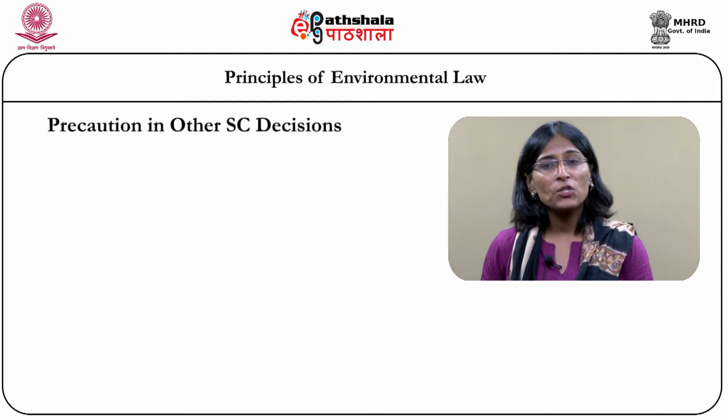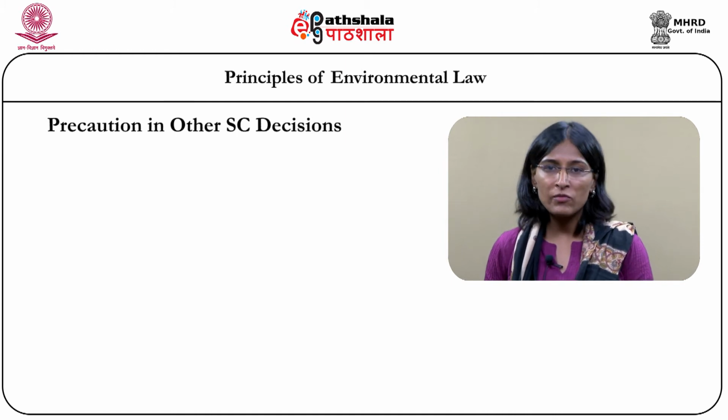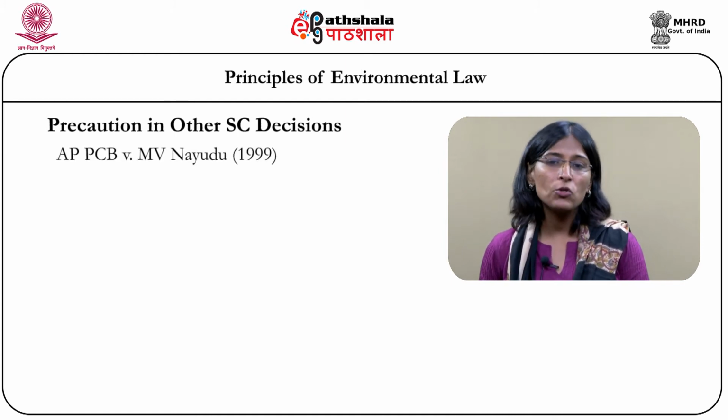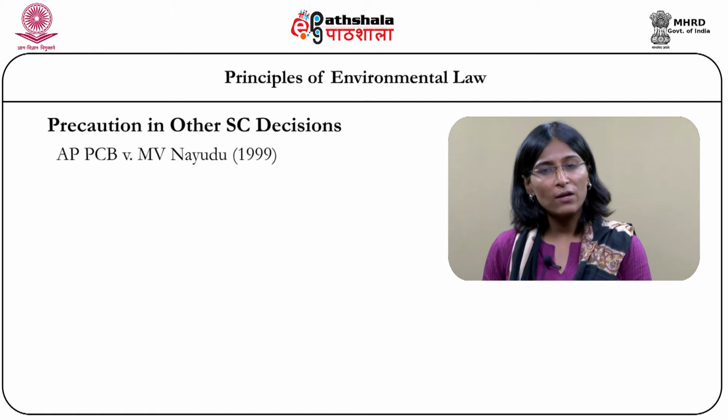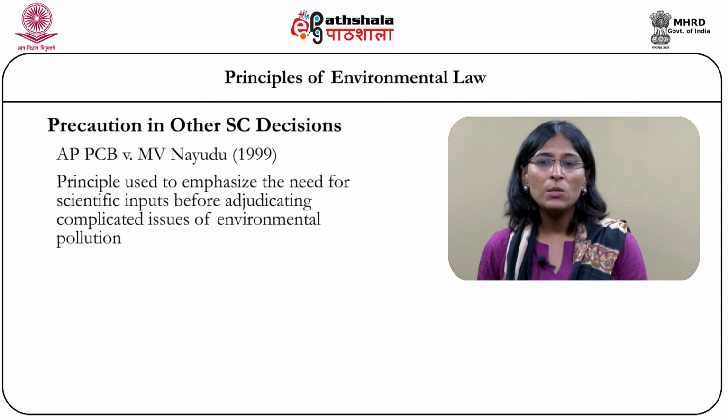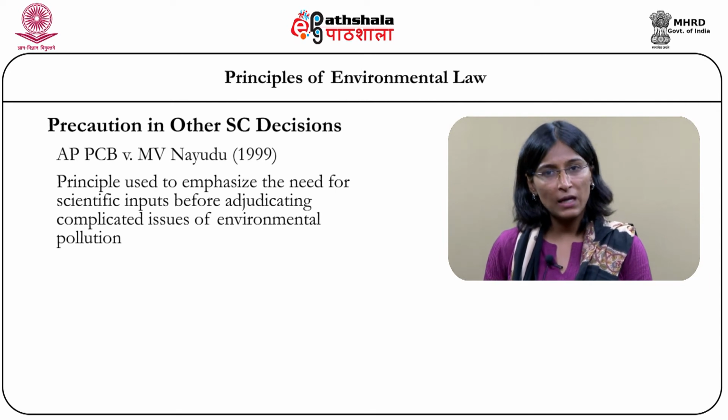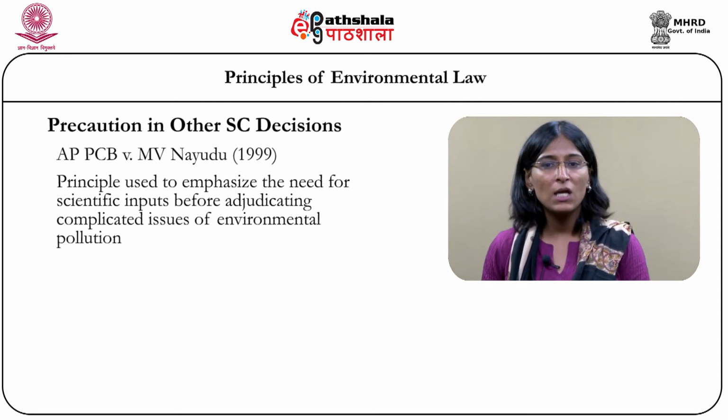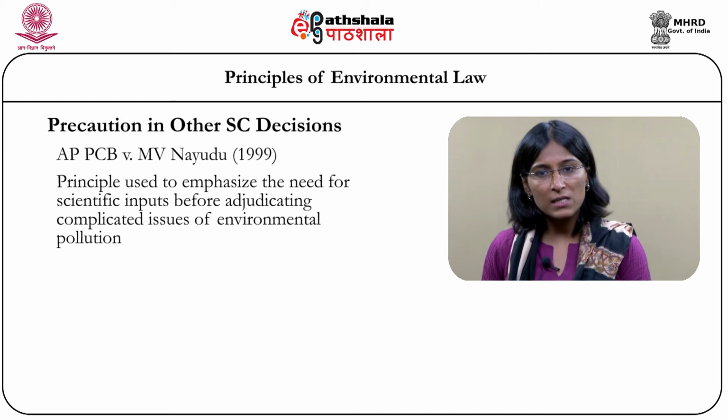The idea of precaution has also been invoked in other Supreme Court decisions. Some of them include Andhra Pradesh Pollution Control Board versus M.V. Naidu, a 1999 decision where the principle was used to emphasize the need for scientific inputs before adjudicating complicated issues of environmental pollution.